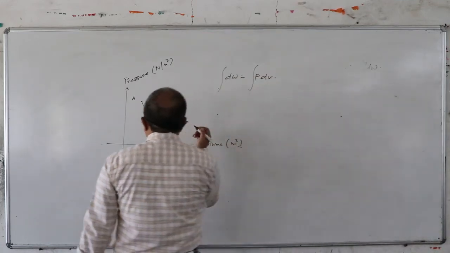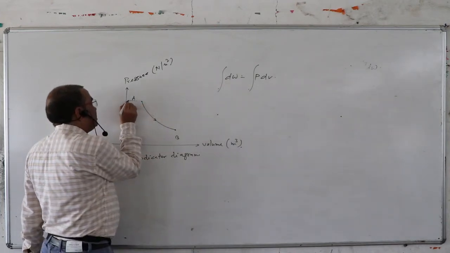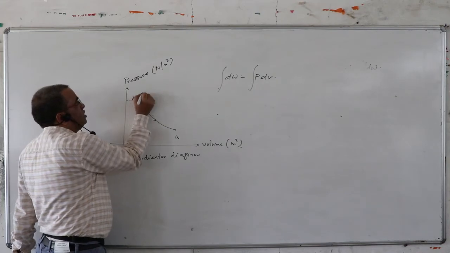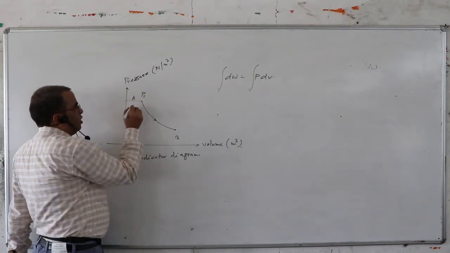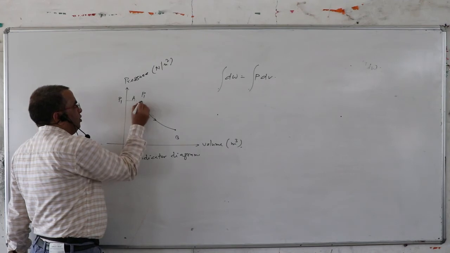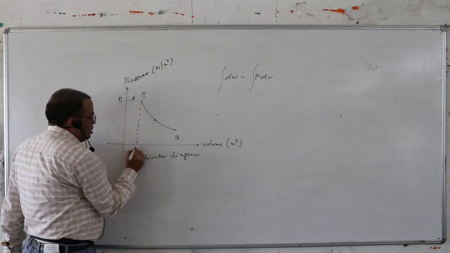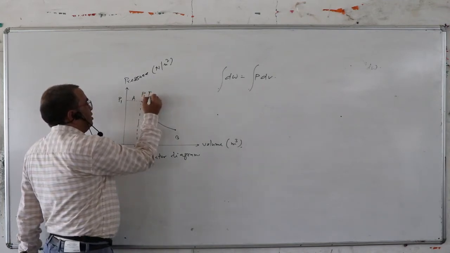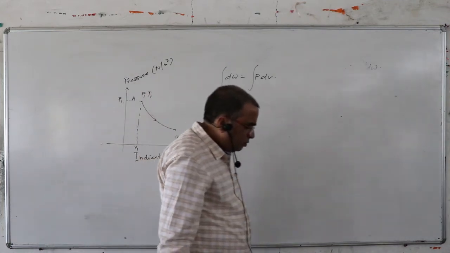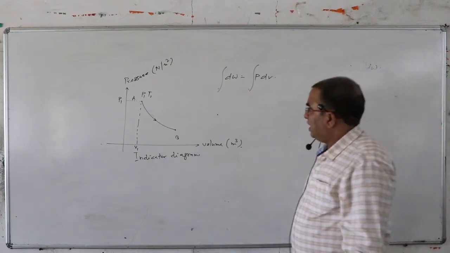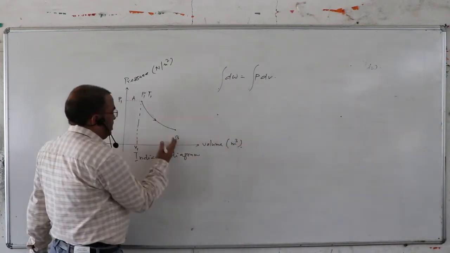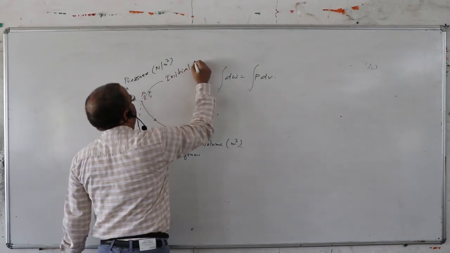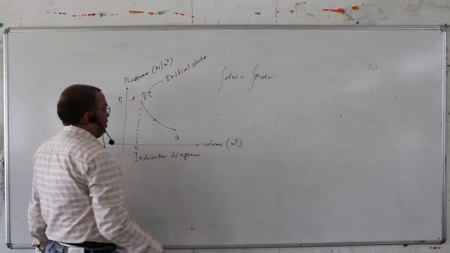Now check. Let us say at A, the values of the thermodynamic variables are: pressure P1, corresponding volume V1, and obviously there will be a temperature T1. This is called the initial state.